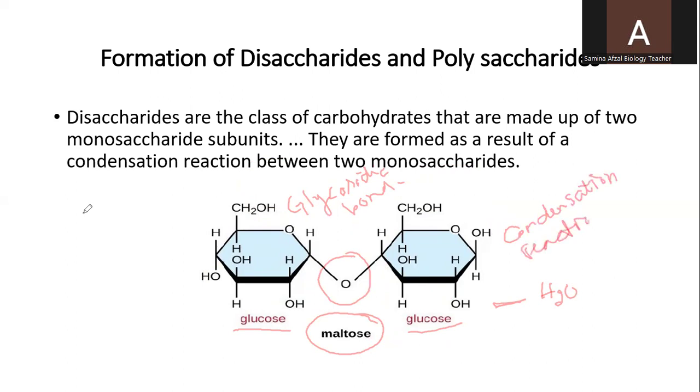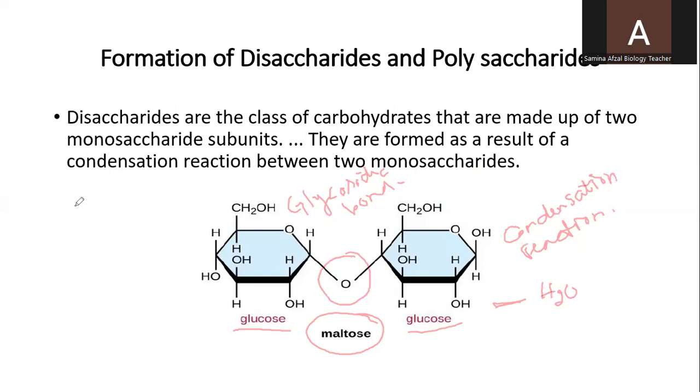If we want to hydrolyze these disaccharide or polysaccharide molecules, then we have to add water to them, and that process is called hydrolysis. But when larger molecules are formed from smaller units, the process is called a condensation reaction, and a water molecule is removed on each addition of one molecule to another.